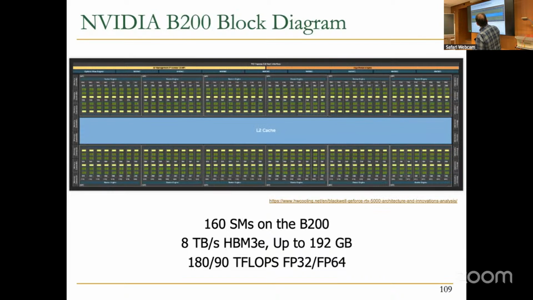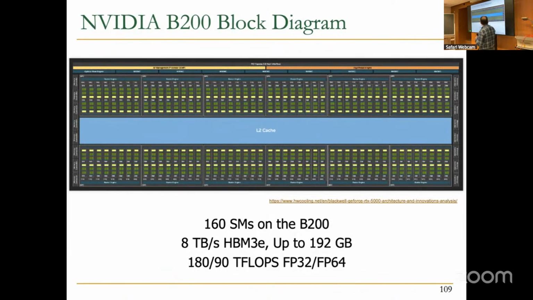So this is a picture of the NVIDIA Blackwell architecture. I don't think this one is for B200. It's very hard to find a picture for now because it's not released that much, and there is a lot of marketing information that is very hard to filter to get information you can rely on. But this is one of the architectures of Blackwell.